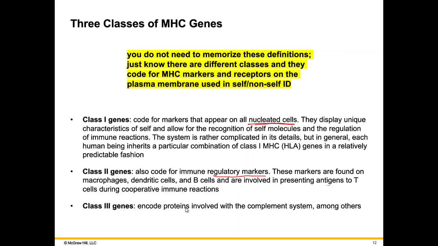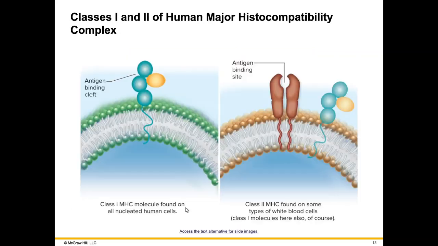So again, like I said, you don't need to memorize these three definitions. I'm not going to ask you to differentiate between the three on the exam, but do know what they're used for. They are markers, protein receptors that are used in self and non-self ID. So let's look at some examples in picture form. Here what we see is a class 1 MHC, and again these are found on all nucleated cells, which is all of our cells except for red blood cells, and we see the plasma membrane here and our MHC compatibility complex embedded.